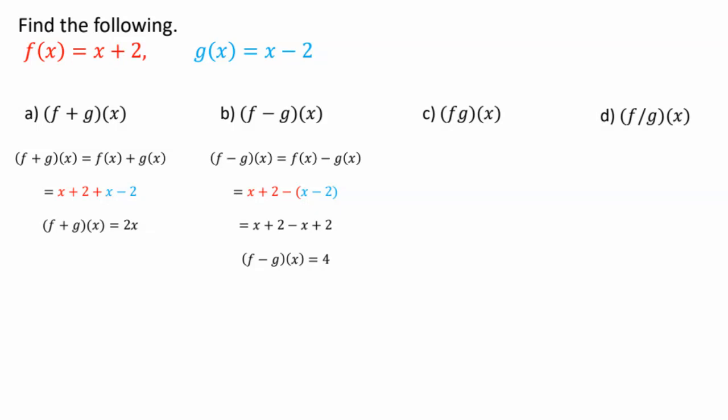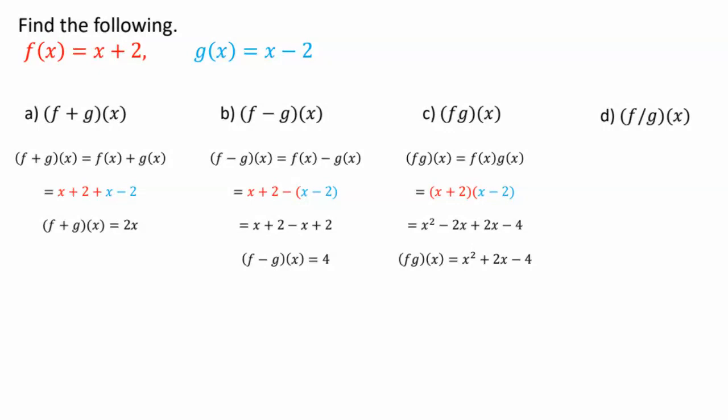Now comes part C. We're going to be multiplying the f times the g function. So again, the f function is in red, which is x plus 2, and the g function is in blue, which is x minus 2. If you notice, this is the difference of two squares.